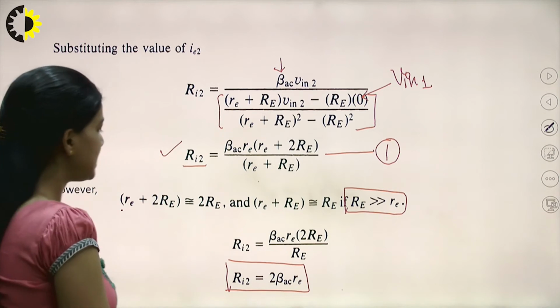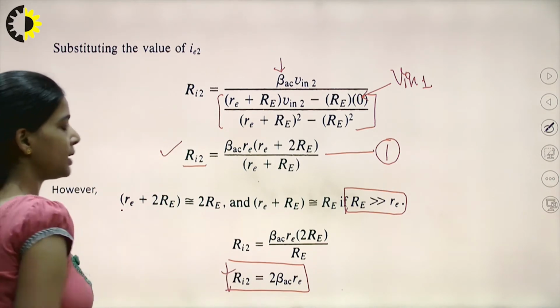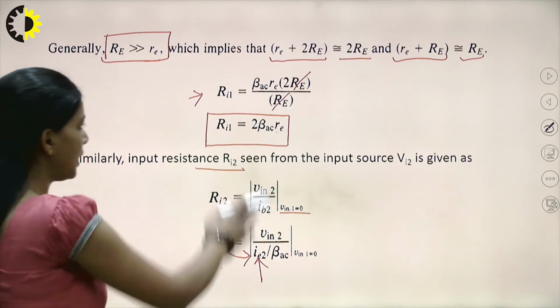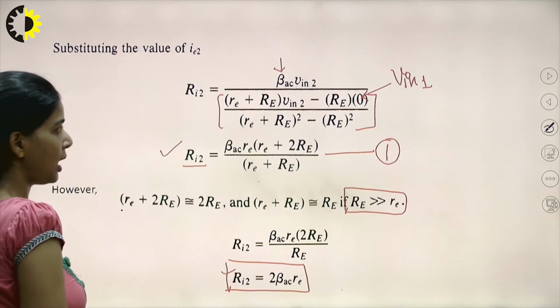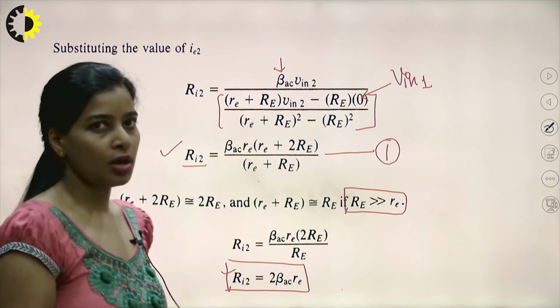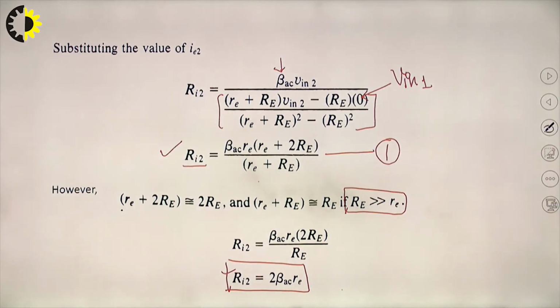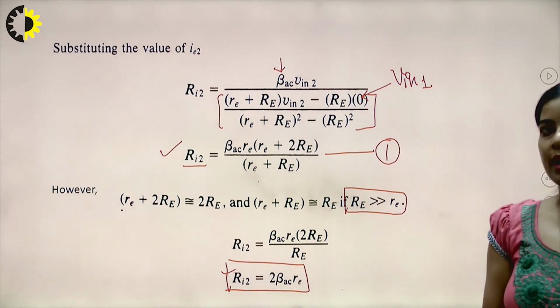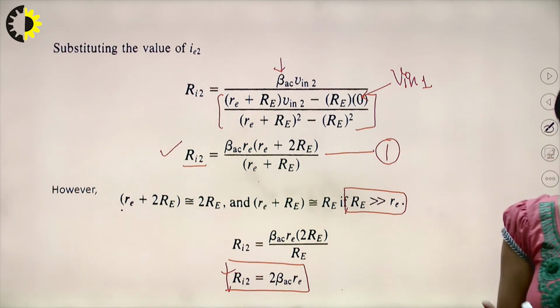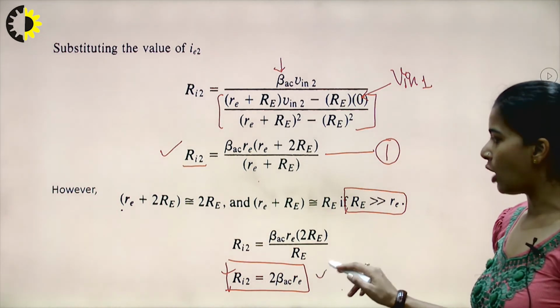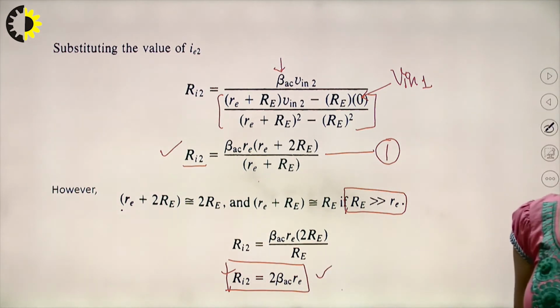So we can see that R in 2 and R in 1, both are same, that is 2 beta RE. Why is this same? Because our circuit is symmetrical about the center line, and input side and output side we have same combination. So the input resistance and output resistance that we are getting is same.